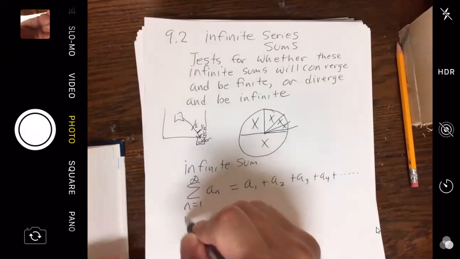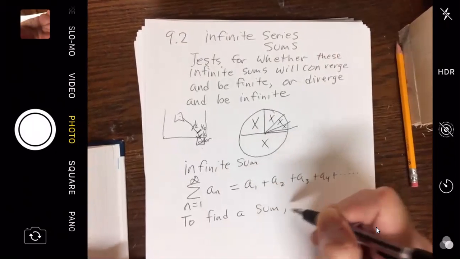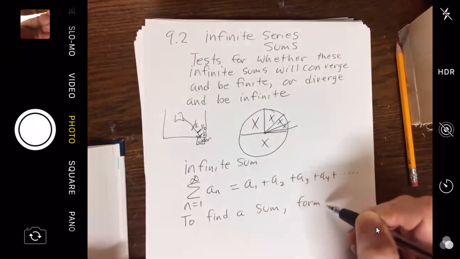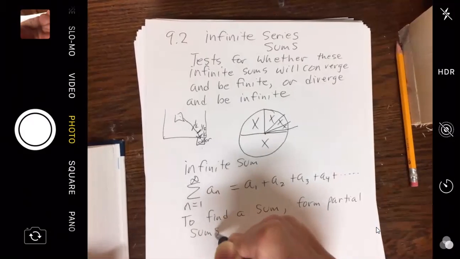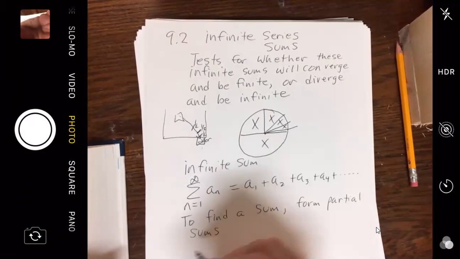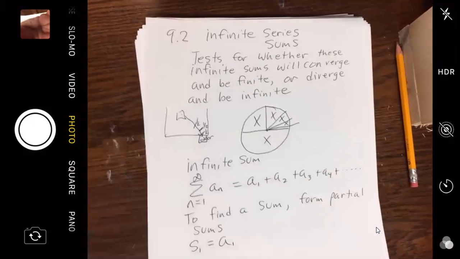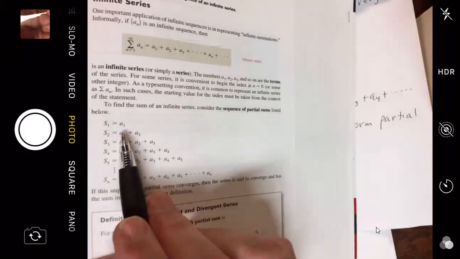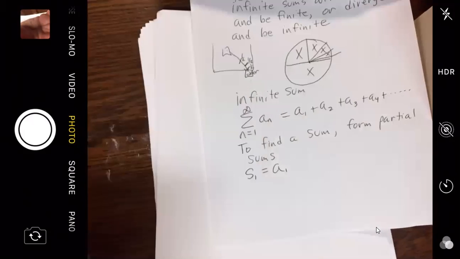So to find a sum, we form partial sums. So we start with S1 is a1, and that's what they're doing right here. S2 is the sum of the first two terms.